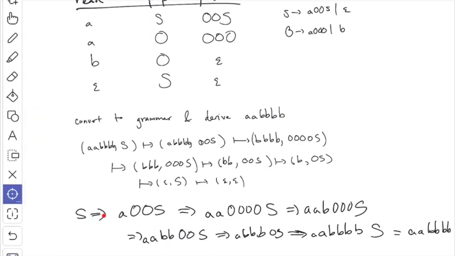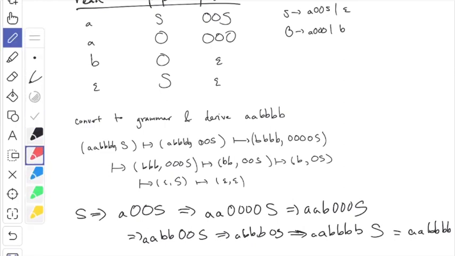Let's use this as an example. What does this thing look like from step to step in the grammar derivation? You will notice that from step to step, one letter at a time, I am creating the string that I'm looking for, right? What I'm looking for is AA, BB, BB, right? And you see that string is growing one letter at a time as I do the grammar derivation.